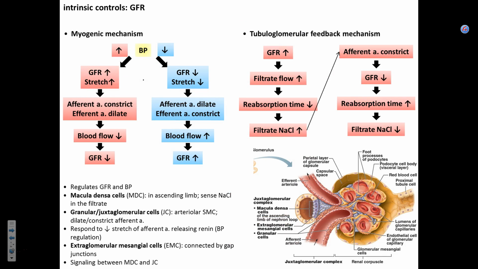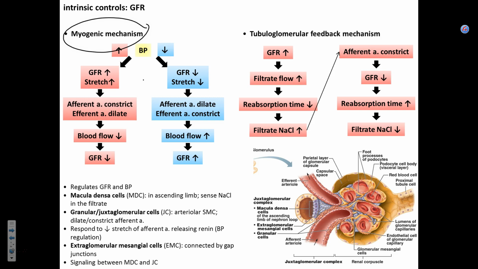Now, what are the mechanisms? One is super elegant and simple, another one is super elegant and has like a gazillion steps. And I'm not going to say that it's simple. So the simple one is called myogenic mechanism.